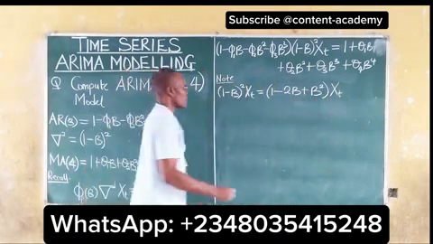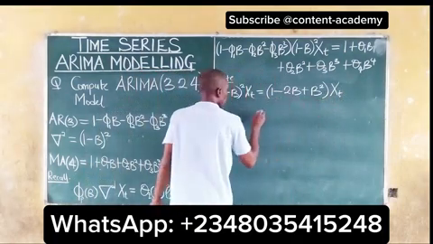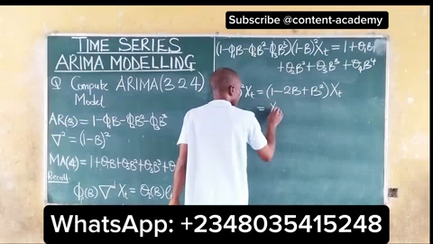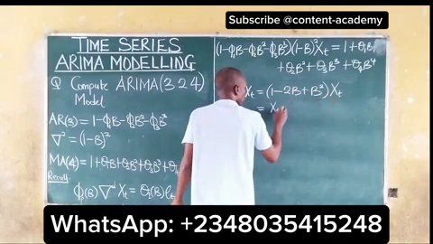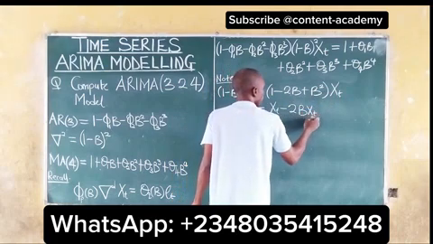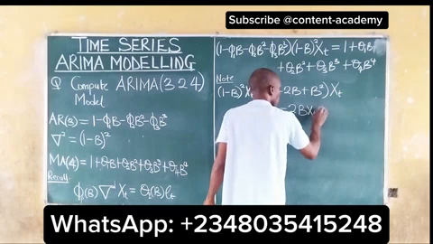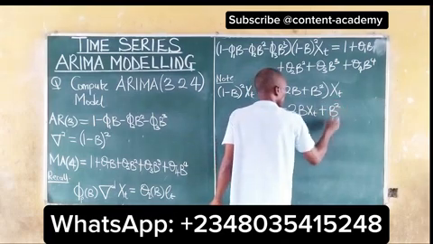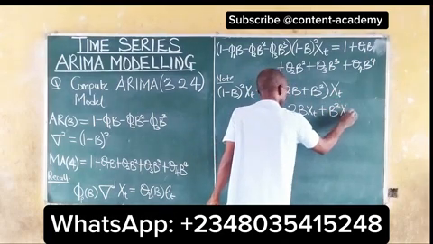You can use this Xt to multiply the whole of this to give us Xt minus 2 B Xt plus B squared Xt.